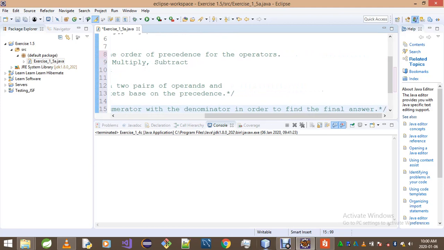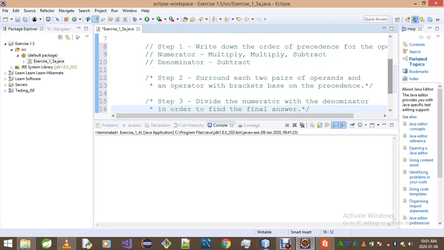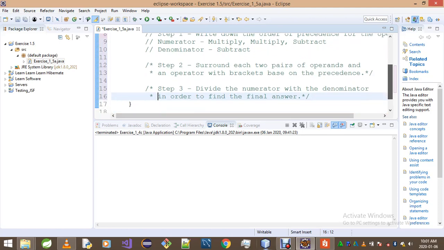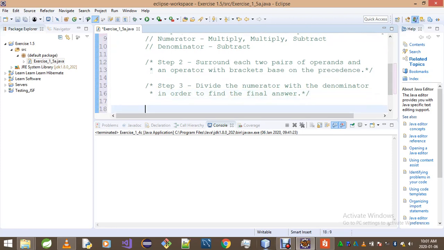This is also a long command, so I'm gonna make it a multi-line command. So this is how we're gonna go about doing this.